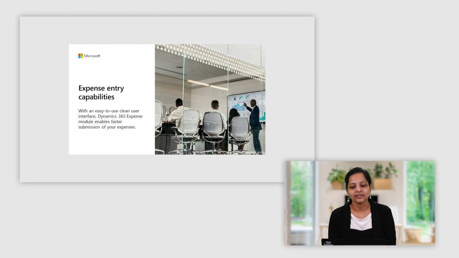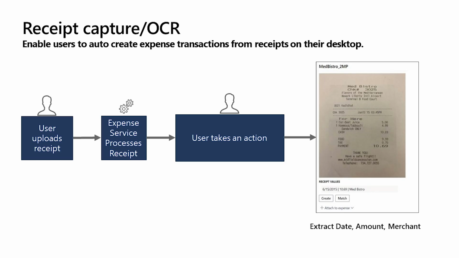Let's take a look at some of the capabilities that make entering expenses easy and quick. Let's talk about the receipt capture or OCR feature that enables users to auto-create expense transactions from receipts on their desktop. Once a user uploads a receipt, Microsoft's own AI service extracts the merchant's name, date, and total amount from the receipts.